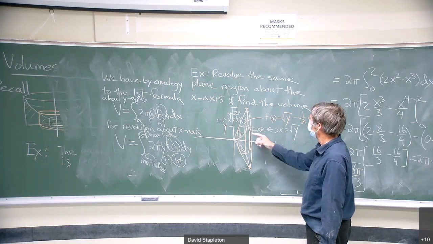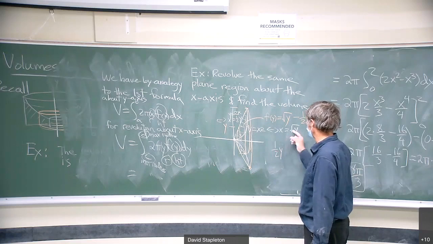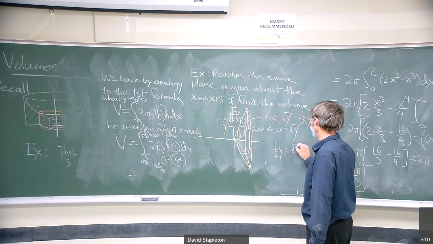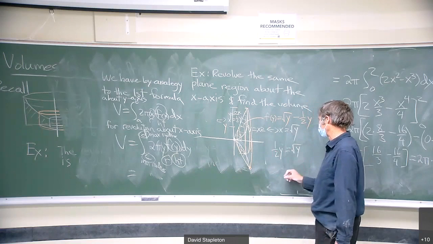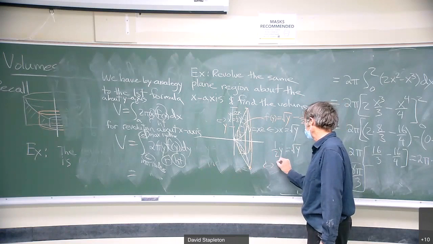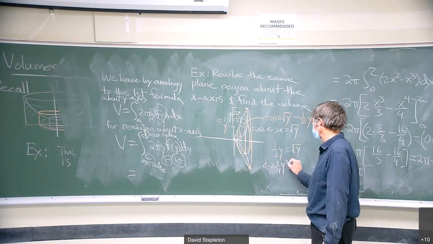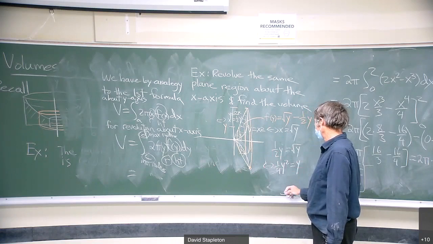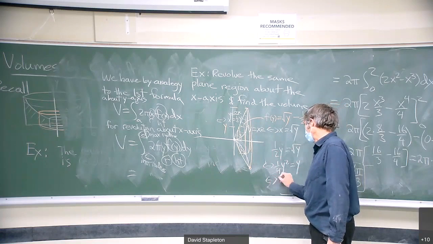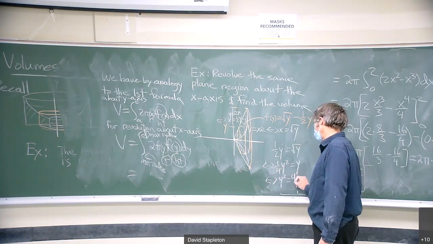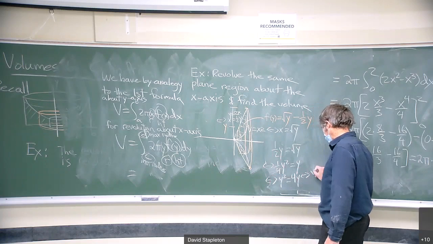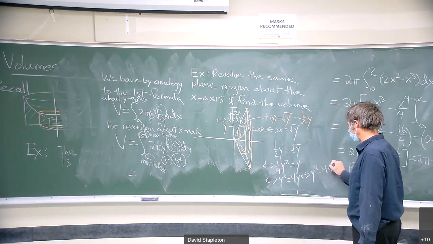But if you set 1/2 y, this function, equal to this one, square root y, what is y going to come out to be? Well, we can square both sides and say this is 1/4 y squared equals y. We can multiply by 4 and get y squared equals 4y. We can subtract and factor: y squared minus 4y equals 0.